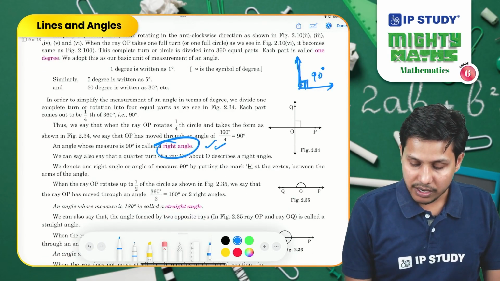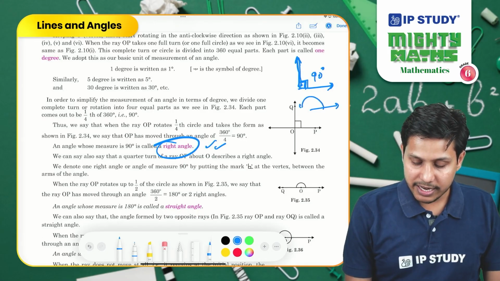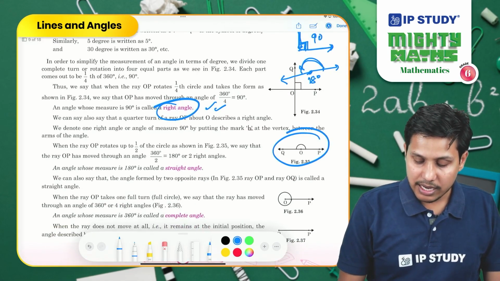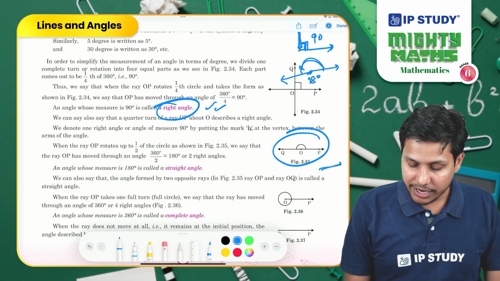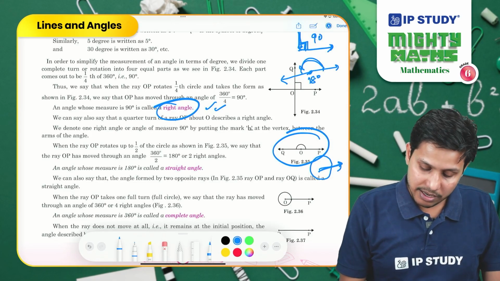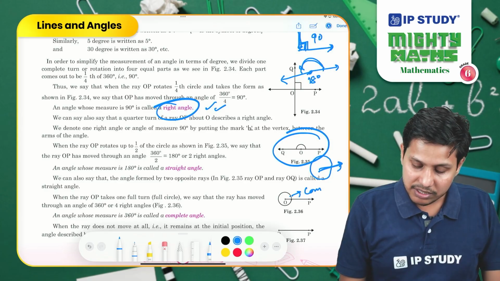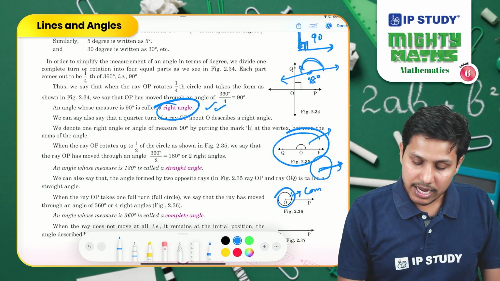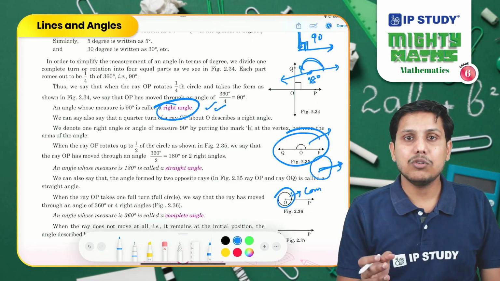Now if a ray rotates and becomes the opposite or mirror image of it like this, then the rotation is 180 degree and it is called a straight angle. And if a ray rotates and comes back to its original position, then this is called a complete revolution or complete rotation, and the angle formed is called a complete angle, which has a value of 360 degree. Straight angle has a value of 180 degree. Right angle has a value of 90 degree, as I have told you earlier.